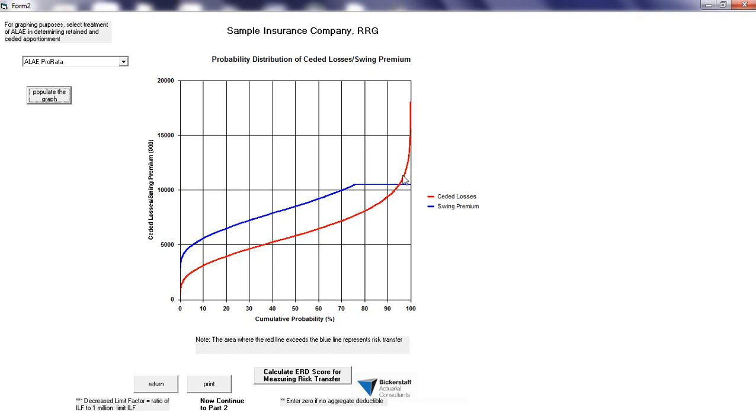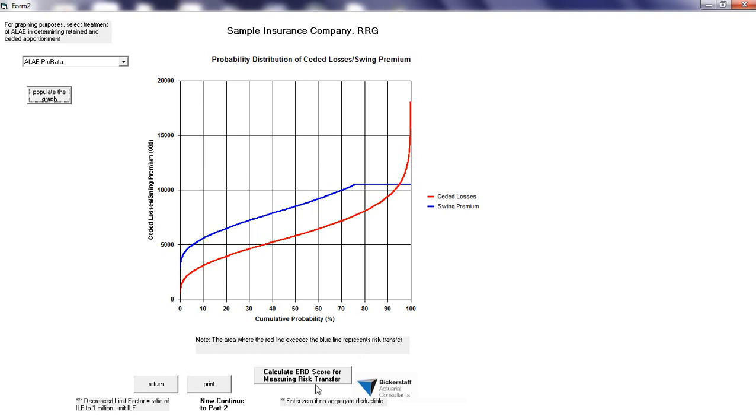And you can see that these lines intersect now at about the 95% point instead of the 91, and the level of risk transfer has shrunk, simply because we have now assumed that the entity has twice the premium volume, and because of that increased volume, the distributions have narrowed quite a bit.